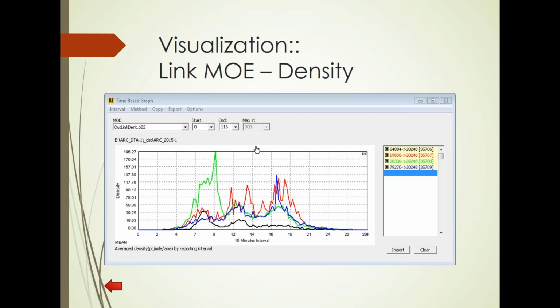In DynuStudio, the graphical user interface, this is a window typically a user will be using to examine a variety of different scenarios and the statistics. Let's take a quick look at this window. On the upper left corner, there are a number of menus where you can specify the interval at which the animation is displayed or the data is aggregated.